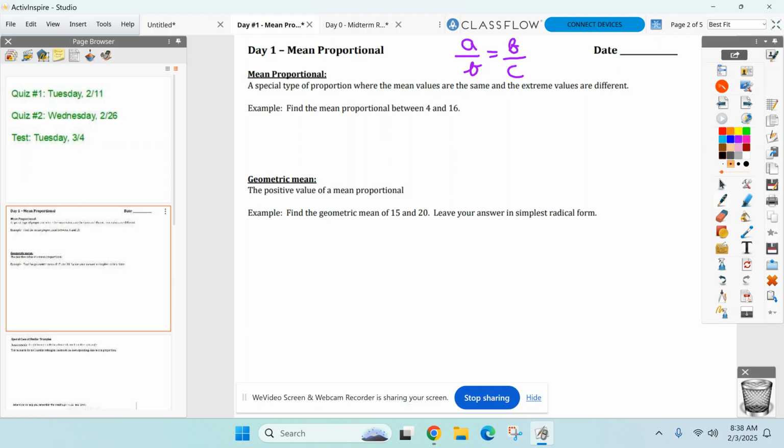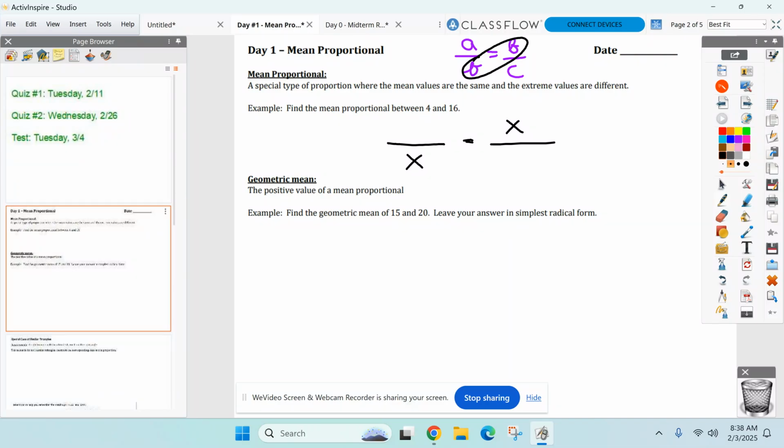So right off the bat here, I want to make a proportion where you find these values when the other two values are 4 and 16. So we'll start off with our proportion. And since they tell me it's a mean proportional, I know the means are the same. I just don't know what they are. You're going to help me find it out.